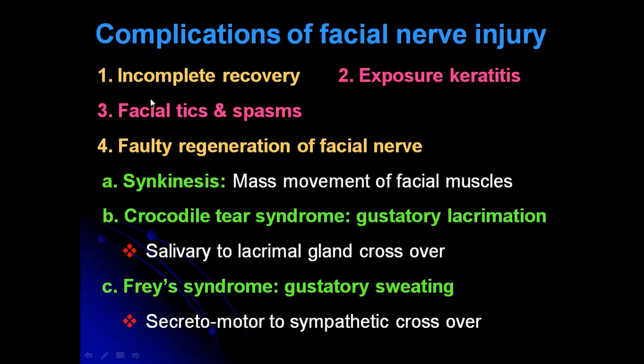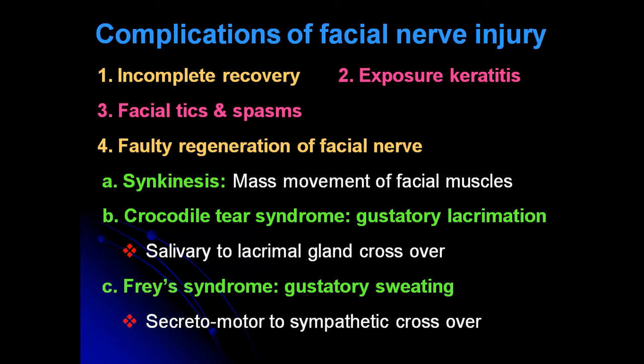Complications of facial nerve palsy are incomplete recovery, exposure keratitis, facial tics and spasms. So incomplete recovery can occur, exposure keratitis because the eyeball can be involved, facial tics and spasms. Synkinesis is mass movement. So sometimes when the person is sitting, for example, in a restaurant and is asking for some order, by seeing the lady waiter he is trying to call her, and he is trying to move his mouth and his eyes are winking.